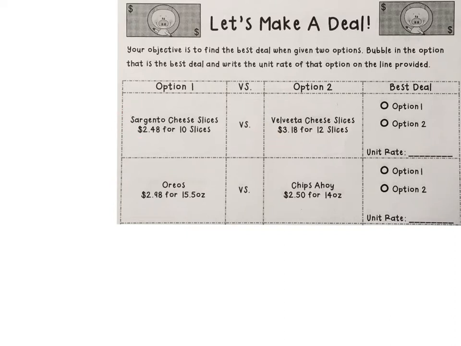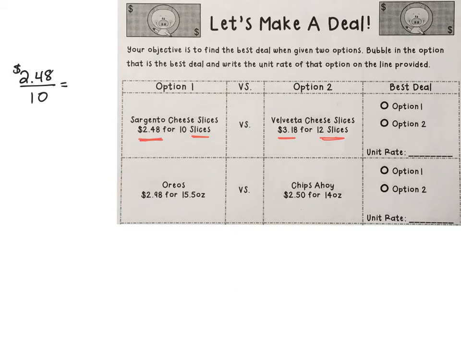And right away, you notice that you have a dollar amount, and then you have slices, a dollar amount and slices. So to find the unit rate for Sargento, you have to take the dollar amount, $2.48, divided by 10 slices.